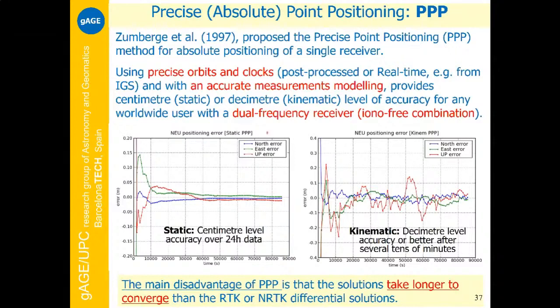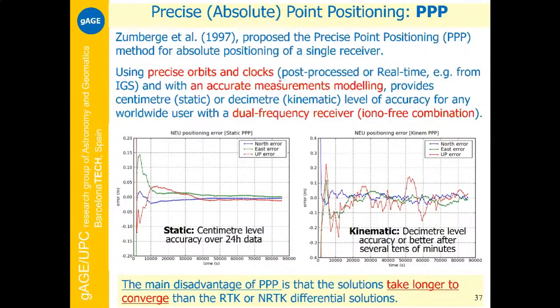And the idea is, on one hand, we have to use precise orbits and clocks. Here we have to model everything as best as possible. The target is to achieve centimeter level of accuracy.